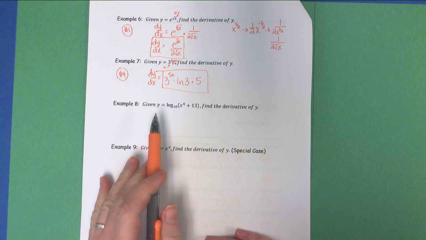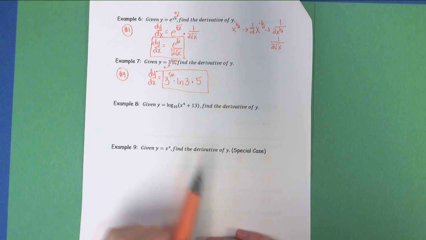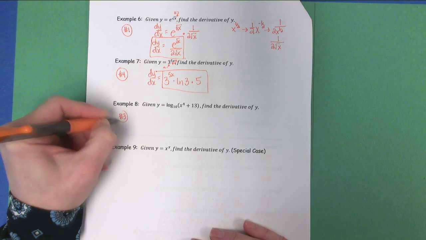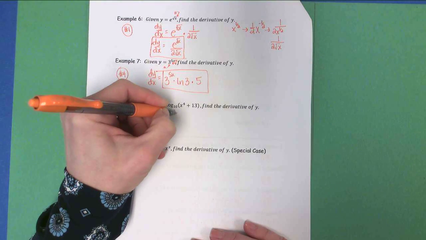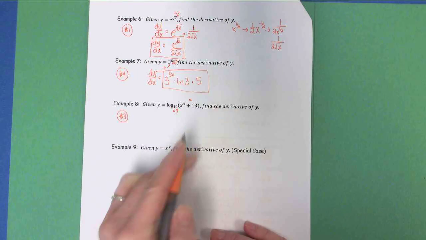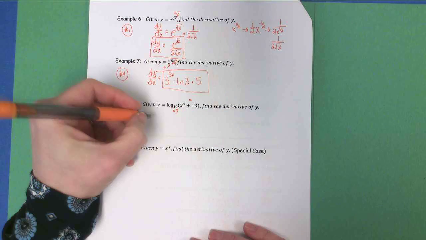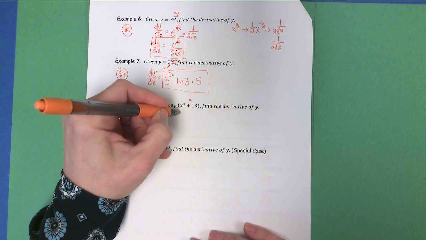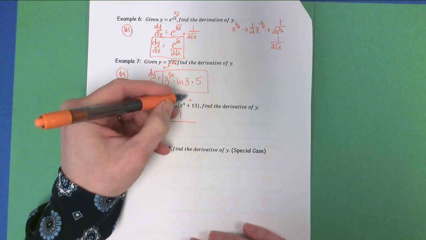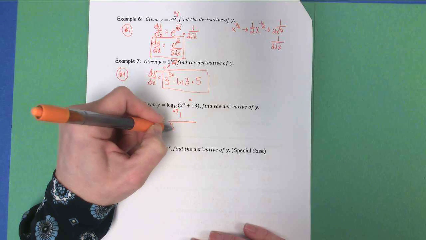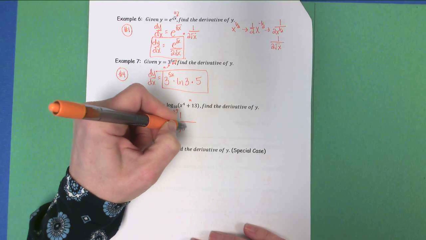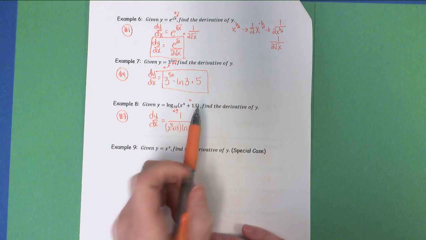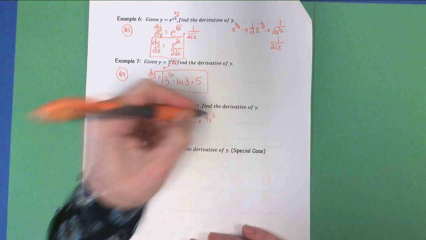Example 8, given y equals log base 10 of x to the 4th plus 13. Okay, this is going to be formula number 3, which is log base a of u. So u is all this stuff in parentheses. So the derivative of y with respect to x is going to be 1 over u natural log of a times the derivative of u, which is 4x to the 3rd.